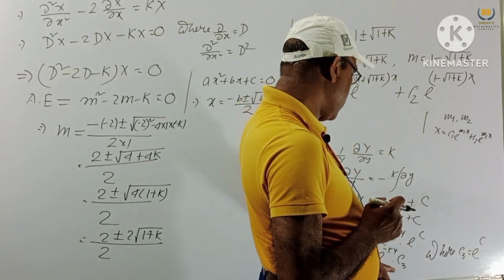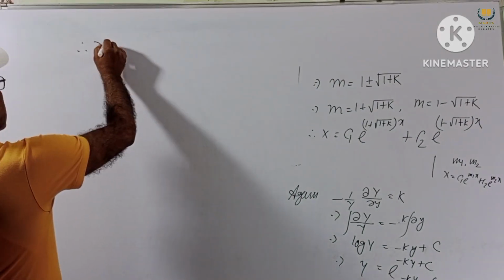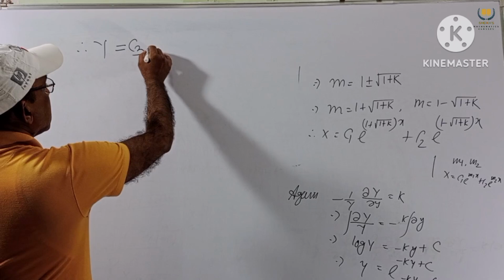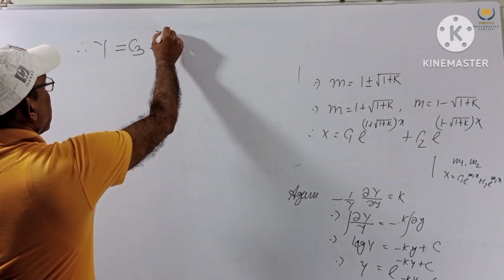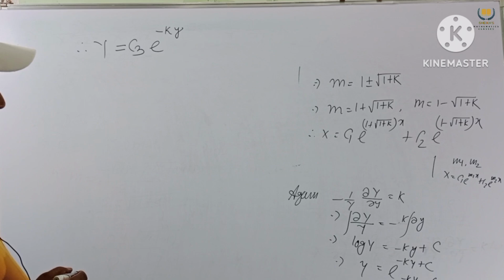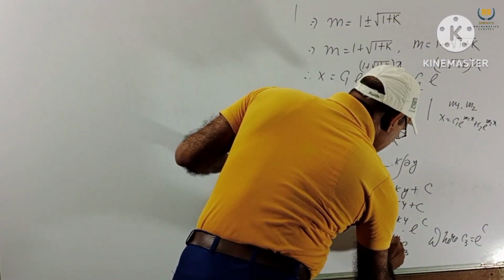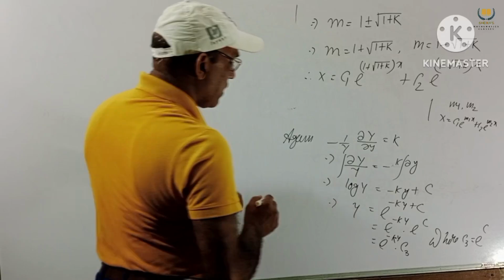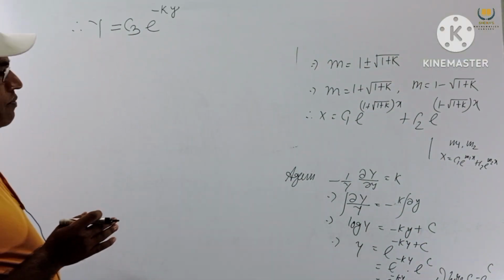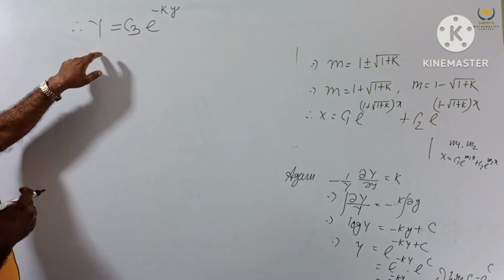Therefore y = C3 e^(−ky). We get this one. Therefore we get the values of x and y. These two values we get.